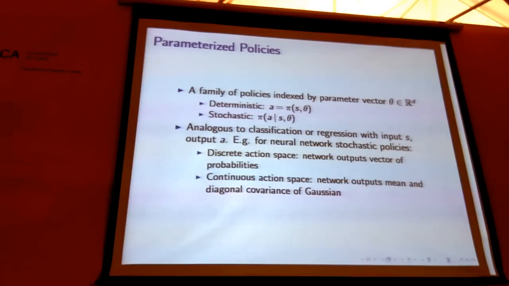Then you could just have the network output the mean of a Gaussian distribution and a vector which is the diagonal of a covariance matrix. That way, this is how you can define stochastic policies for a discrete or a continuous action space. And for deterministic policies, it's even simpler.